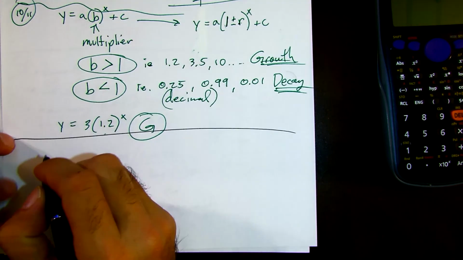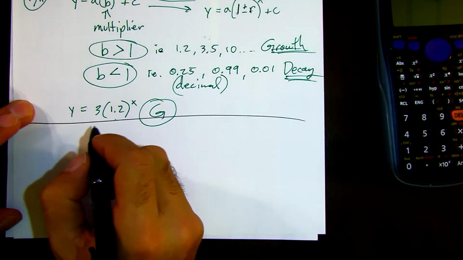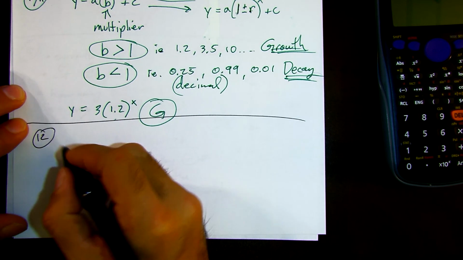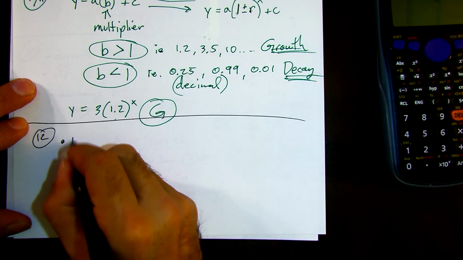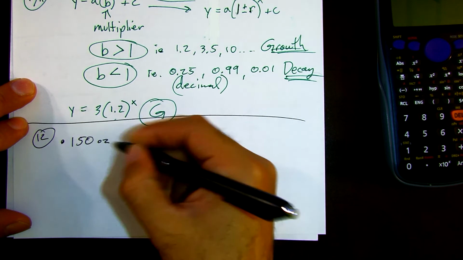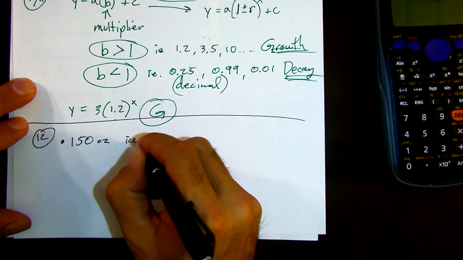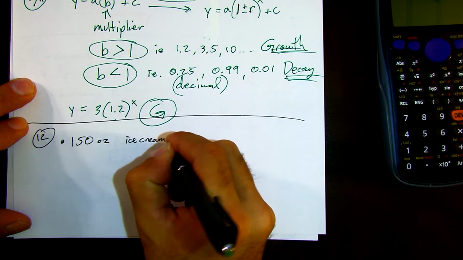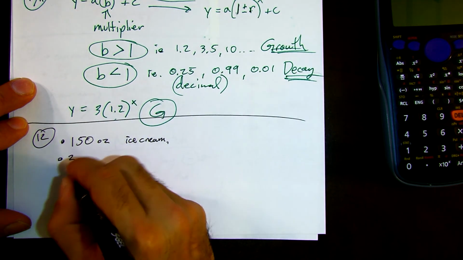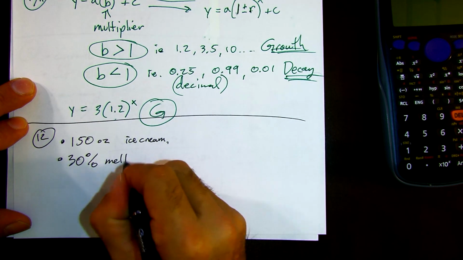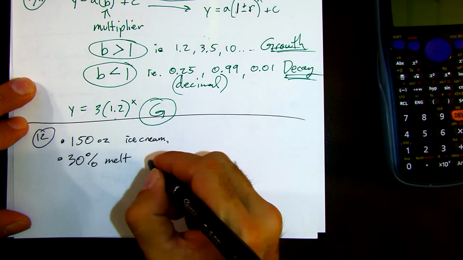We don't have to graph it, but we are going to create an exponential equation for it. Oh, you can read it. You have 150 ounces of ice cream. So this is where I'm guessing I'm going to have to go over this. So let's see. Number 12. So you start with 150 ounces of ice cream.